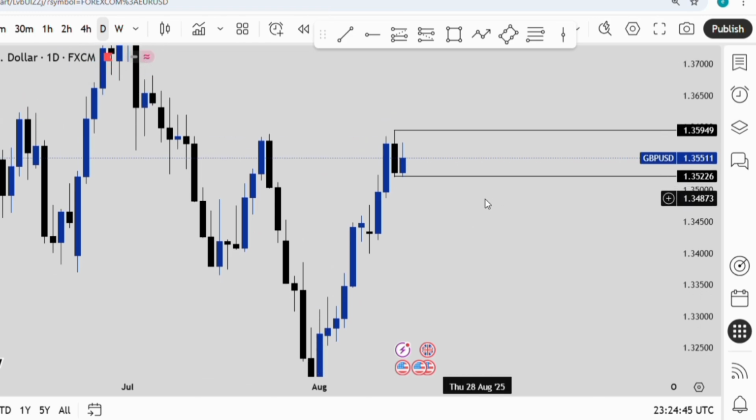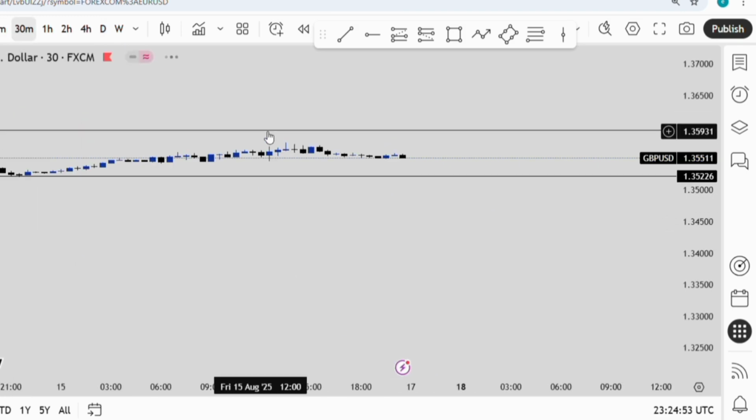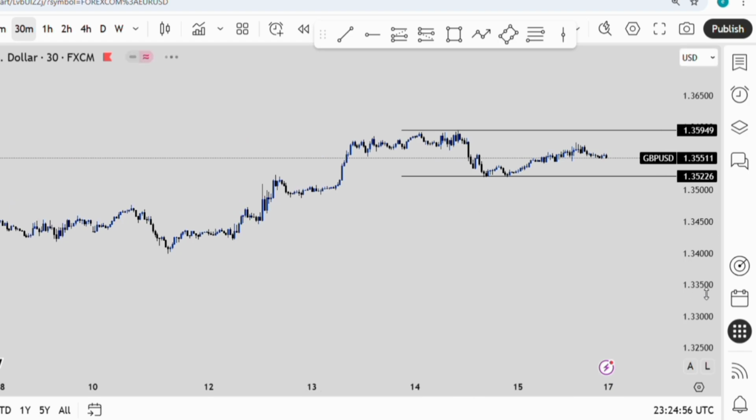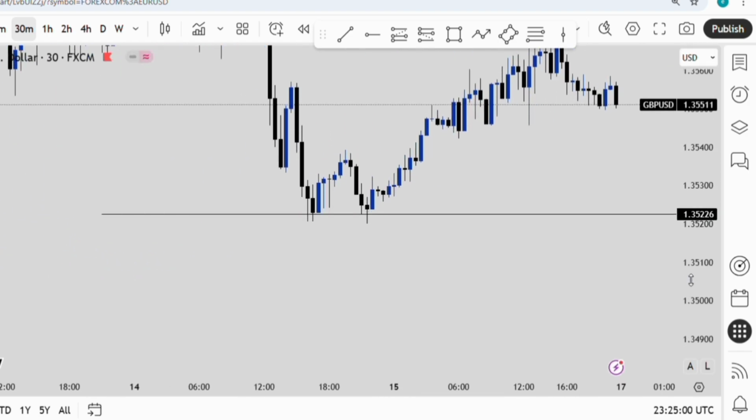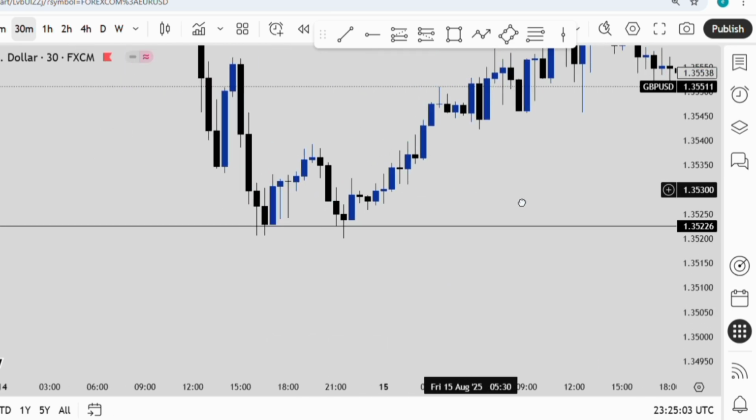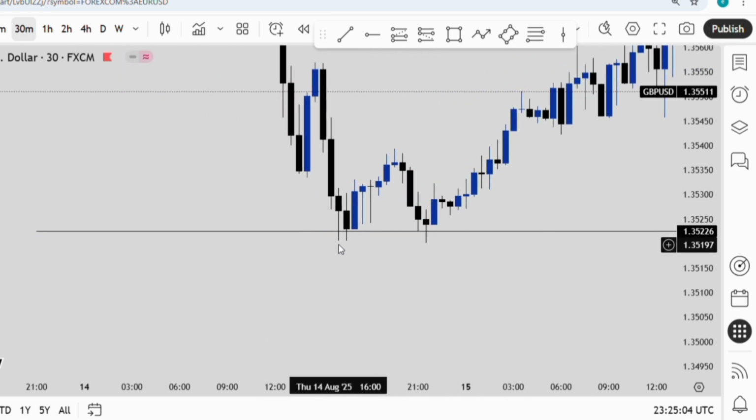Now, the second important zone that you need to have in the back of your mind is the equal highs and equal lows. Now let's go down again to our 30 minutes time frame. Now this is what we call the equal lows, because price has one thing in common here. These two particular lows are the equal lows.